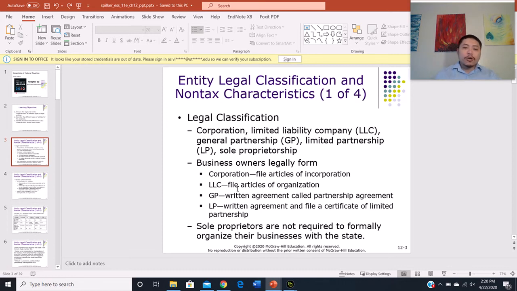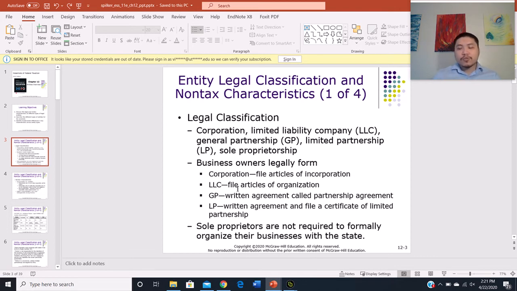And for general partnership and limited partnership, usually the partners, the business owners who go into the business together, have to write an agreement on how they can operate the business, and how the revenue, the income, can be shared.